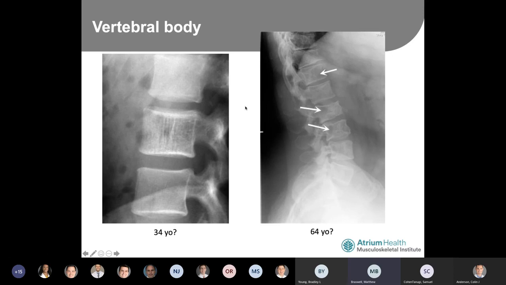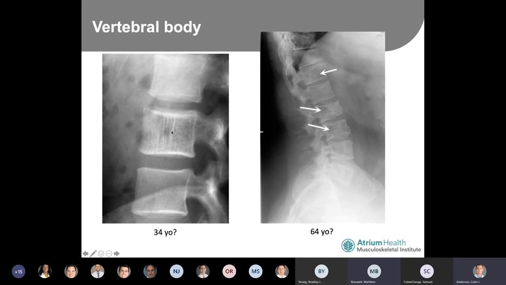It's difficult to tell the acuity of the compression fractures. It looks like there may be some mixed lytic and sclerotic changes in the vertebral bodies themselves, which would be concerning for, based on age, metastasis or myeloma would be ones that I was thinking about. Good. Yeah, that one is in fact myeloma.